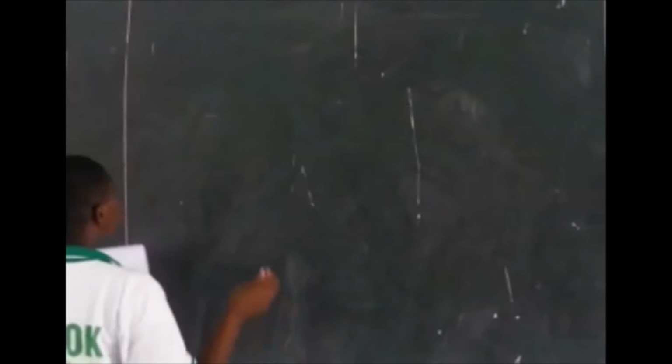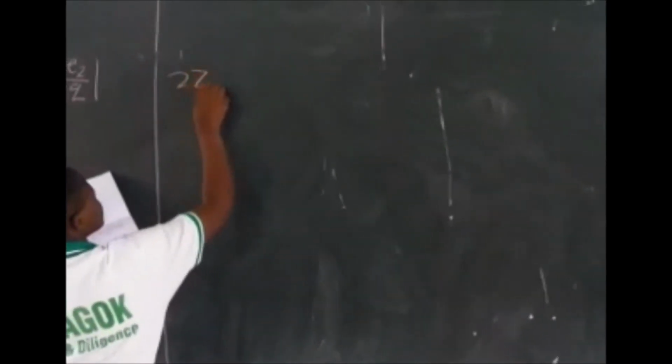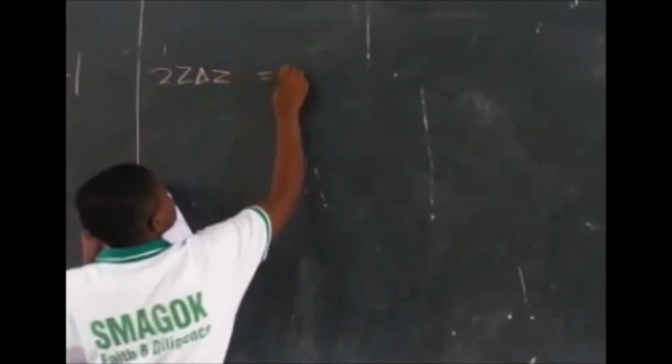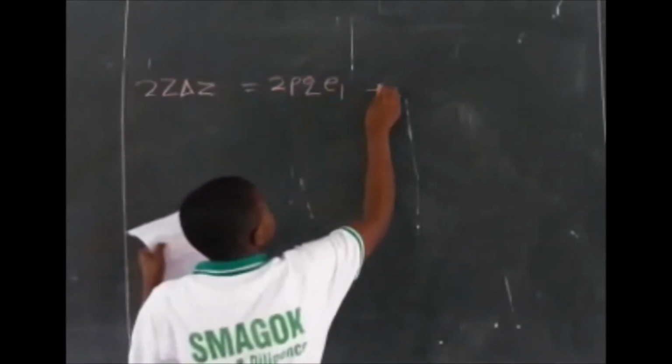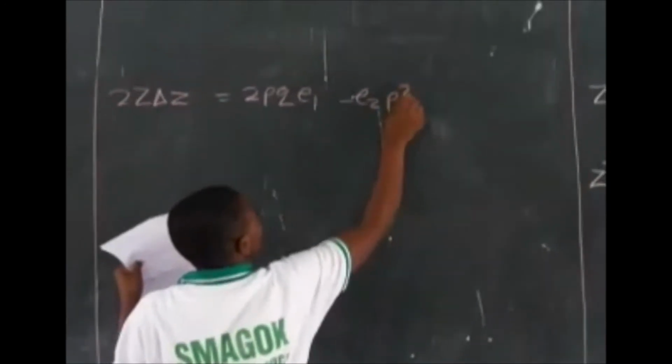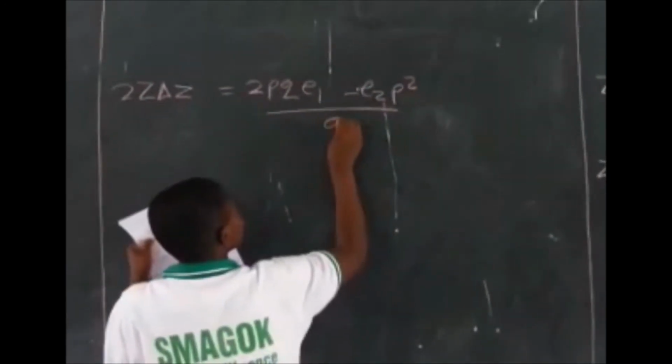Now when you simplify this, you get 2Z delta Z equal to 2PQ E1 minus E2 P squared out of Q squared.